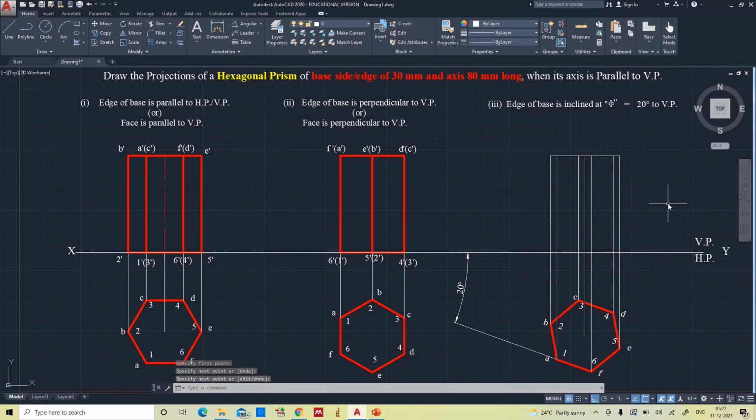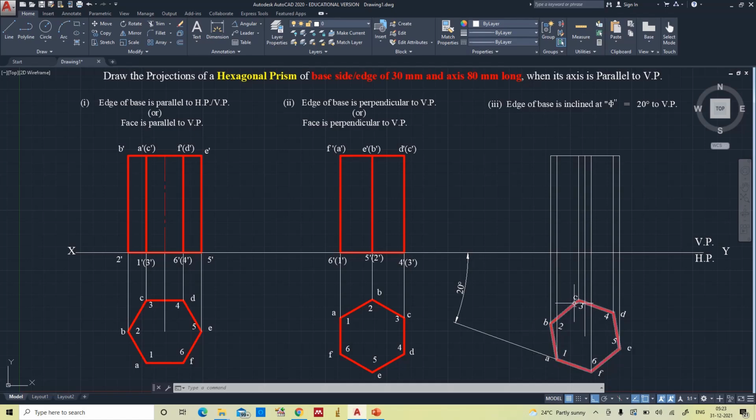Okay, let's find out which are visible and which are invisible. So if you see, the extreme lines belong to B2 and E5. These extremes, B2 and D5. And coming to A1 and 6F, they are clearly visible to the observer because these two edges lie inside the extreme ones.